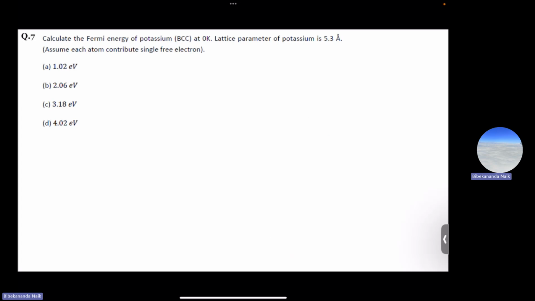Since it is a BCC structure, for BCC structure n equals 2, the number of atoms per unit cell.